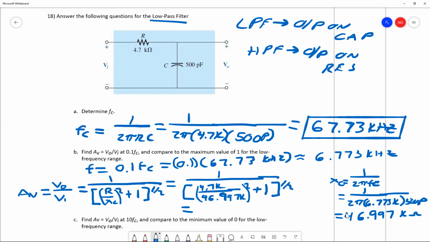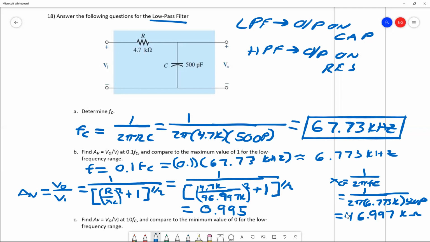I would highly recommend using the math print mode on your calculator so that you can just type things out as decimals instead of having a lot of parentheses. It's really easy to make a mistake that way. We're going to get roughly 0.995.